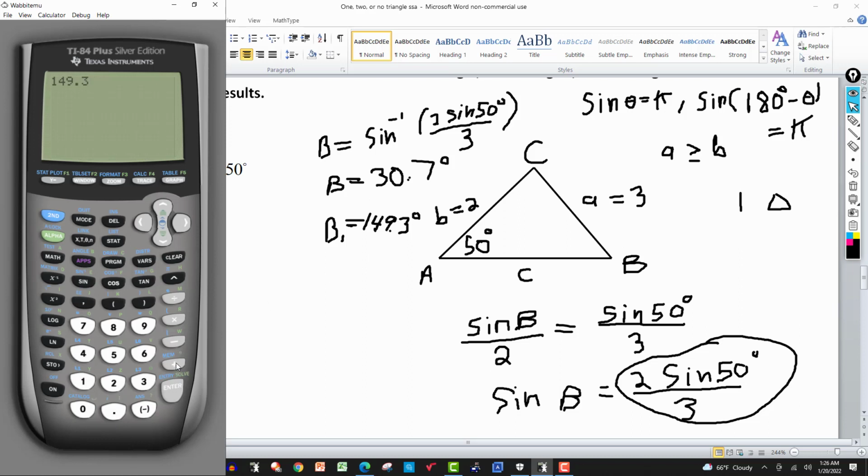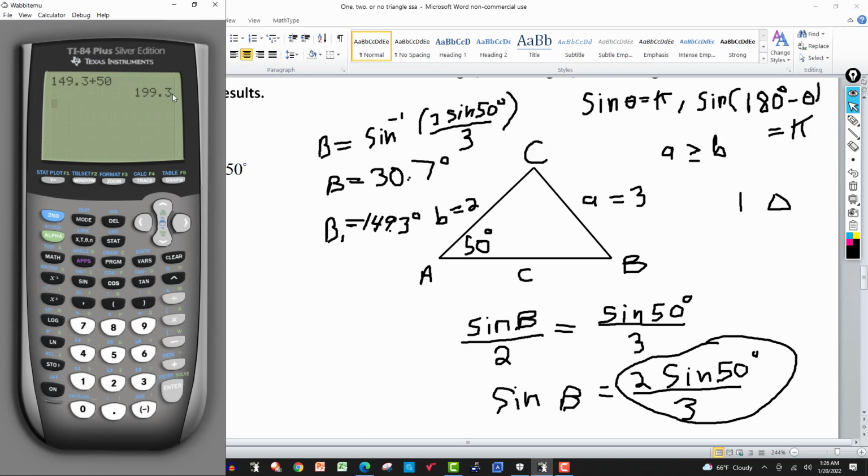So let's add those together. Well, that gives me 199.3, and we know the sum of all three angles is going to be 180. So there's nothing left for the third angle. If two angles add up to a number larger than 180, there's no triangle possible.